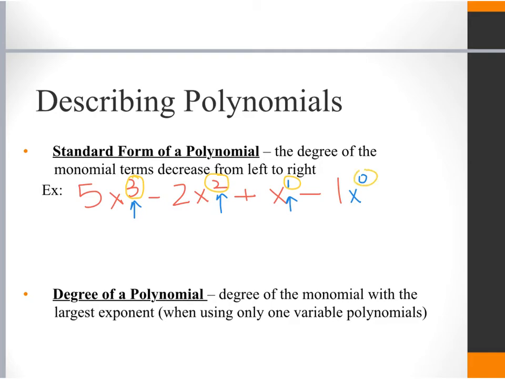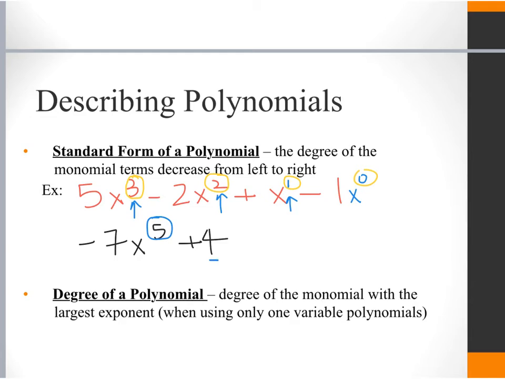Now the other thing is you don't always have to have a term in the middle. So I could have had something like negative 7x to the fifth plus 4. Okay, so here you can see I have my greatest exponent listed first.